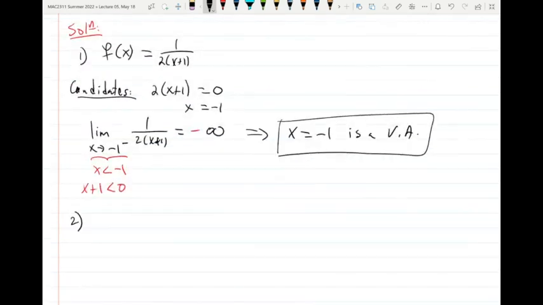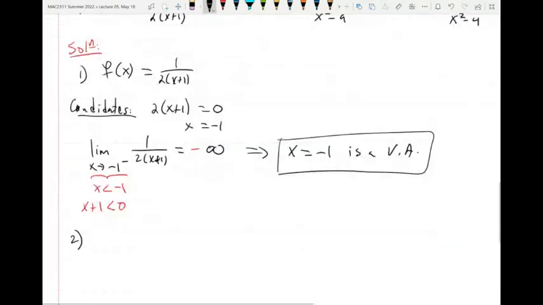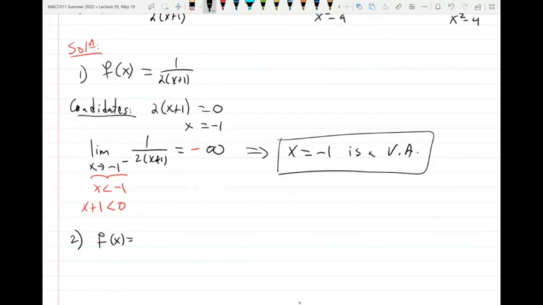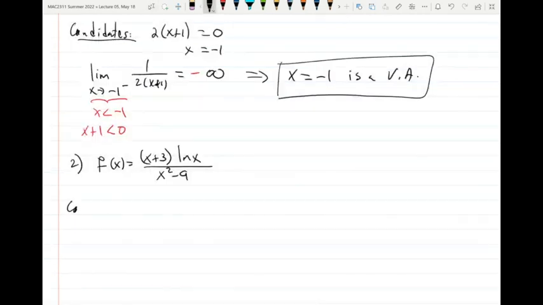All right? Now for the next one, what was the next one? The next one is (x plus 3) times ln over x squared minus 9. Okay, so what are the candidates here? Let's see, first, because I see a fraction, I already know that one type of candidates is going to come from that denominator.